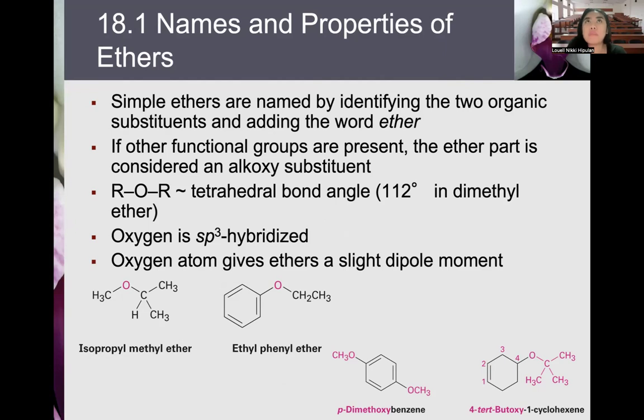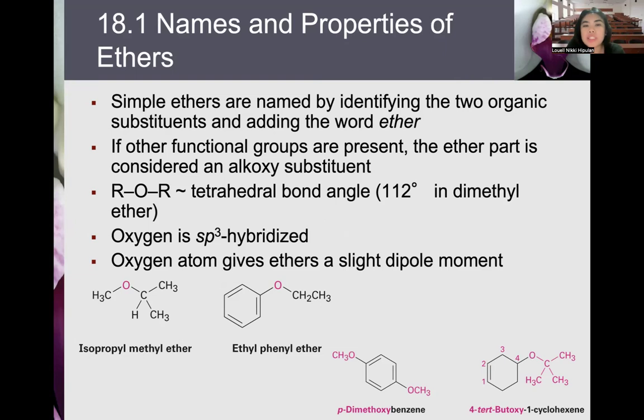You just need to determine what those R groups are to give your ether a name. If other functional groups are present, the ether part is considered as an alkoxy substituent. So your ether will act as a substituent if you have other functional groups present in your compound.